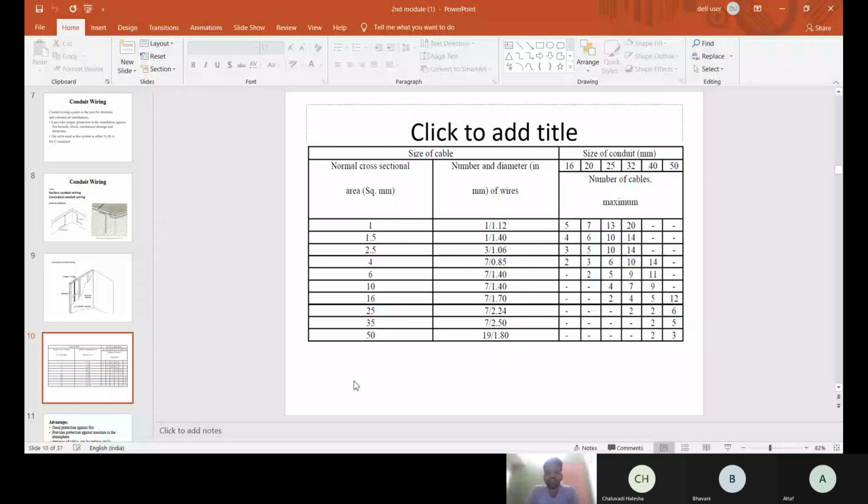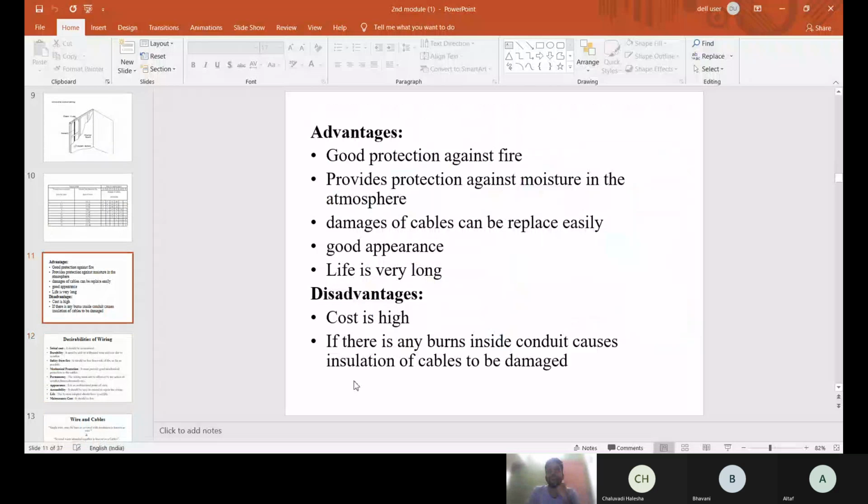So as I told, what are the different advantages of conduit type of wiring? It gives good protection against fire. If I am going for concealed type of conduit wiring, then if some fire hazard happens inside our home, these wires are not directly exposed to the fire because they are concealed inside the wall.